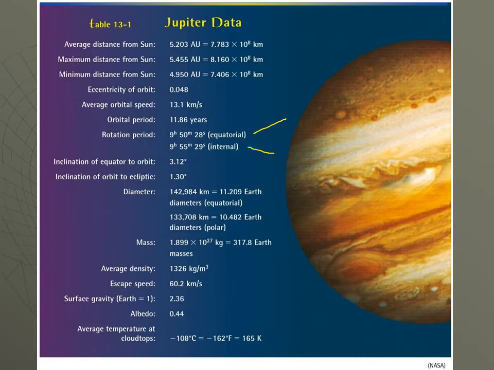In size, Jupiter is about 11 times the diameter of the Earth if you measure across the equator, and about 10.5 times the diameter of the Earth if you measure pole to pole. So now, what does that mean? It means it's oblate a little bit. That means it's a little bit farther distance across the equator than across the poles.